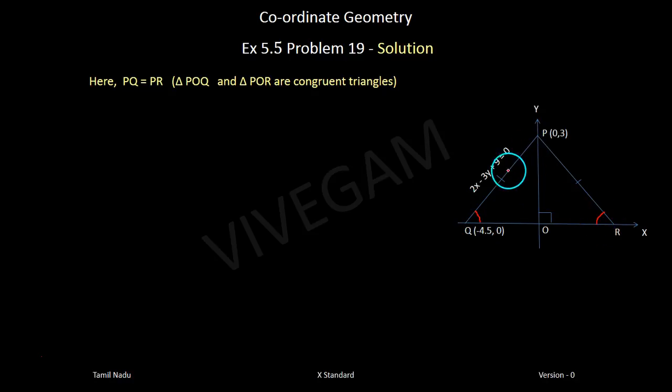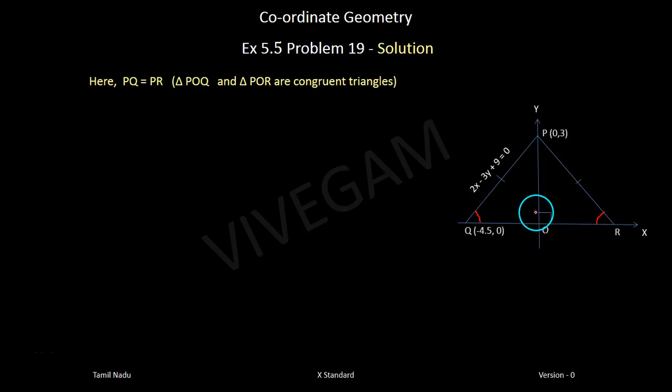Am I right? Because angles opposite to equal sides in a triangle will be the same. So this angle is opposite to this side and this angle is opposite to this side. So these two sides are equal, which means these two angles, angle Q and angle R, will be equal in triangle PQR. But the same applies for these triangles also, POQ and POR.